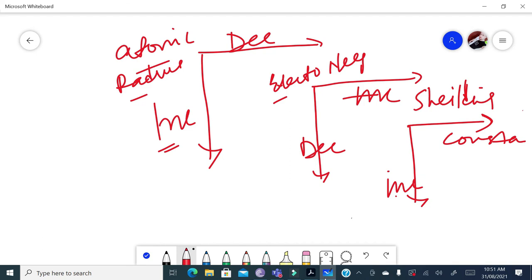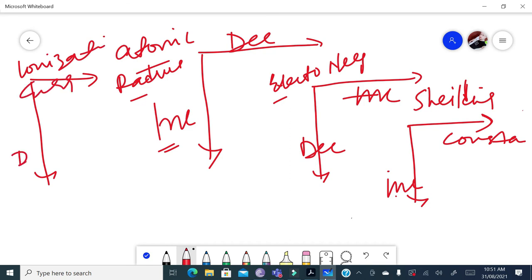Okay, ionization energy, there is a decrease here and there is an increase here.